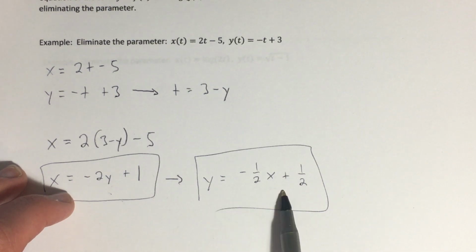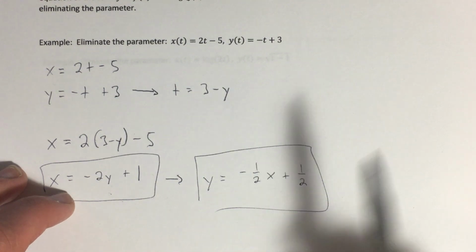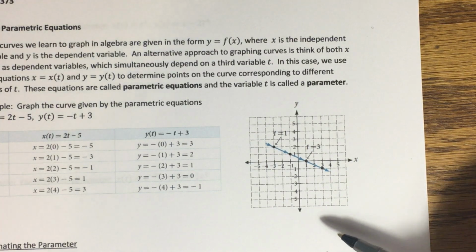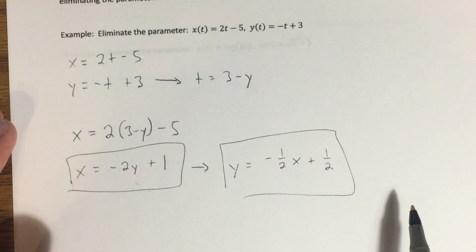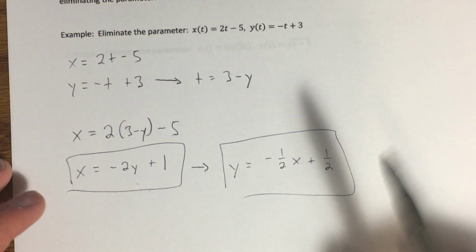This is the slope-intercept form for the equation of a line. Slope would be negative 1/2, y-intercept would be positive 1/2. Well, that's the same thing that we graphed up here. Okay, so eliminating the parameter has a couple of benefits, but one of them is that it puts the parametric equations into a form that's a little more familiar, and we can visualize its graph more easily this way.